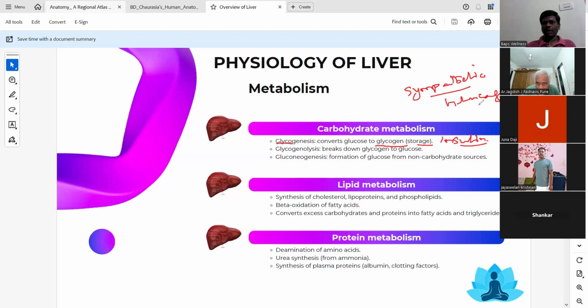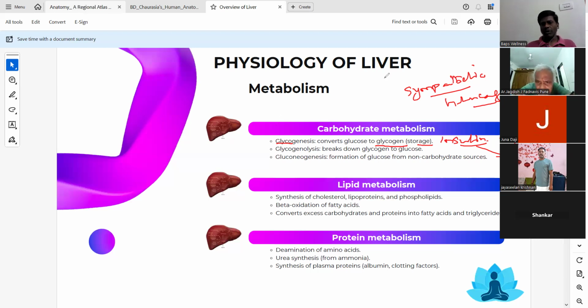Glucagon is the hormone involved in that. And in glycogenesis, it is insulin. Both glucagon and insulin are secreted in the pancreas only. Insulin is secreted from the beta cells. Glucagon is from the alpha cells of the pancreas.